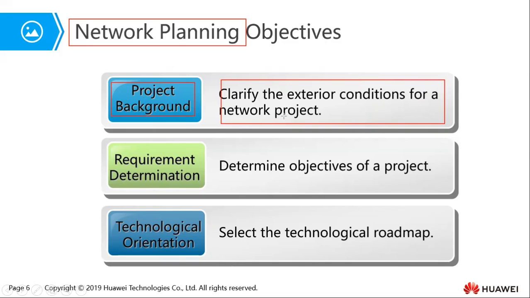As I said, for example, you need a room, maybe you need racks, maybe you need air conditioning systems, maybe you also need electricity. So those exterior conditions must be established when you're trying to establish the project background. So a network project really is not an independent system.